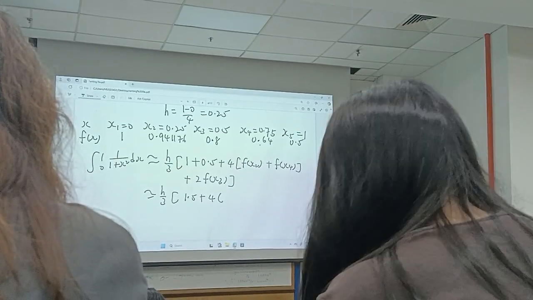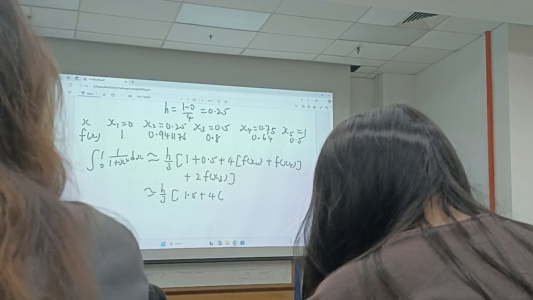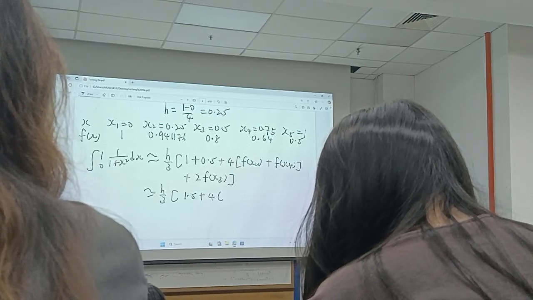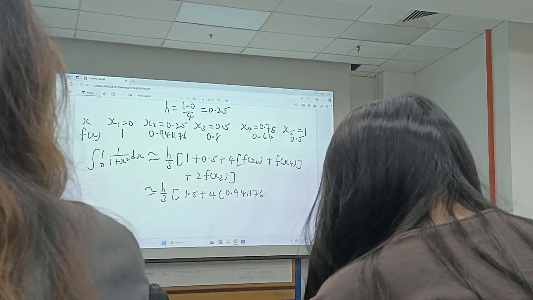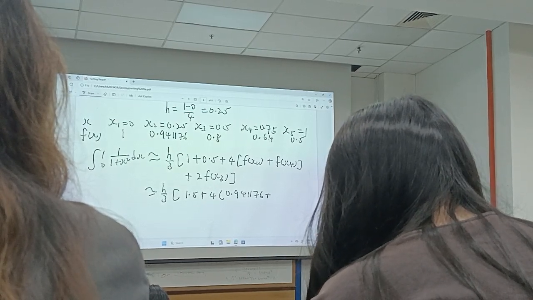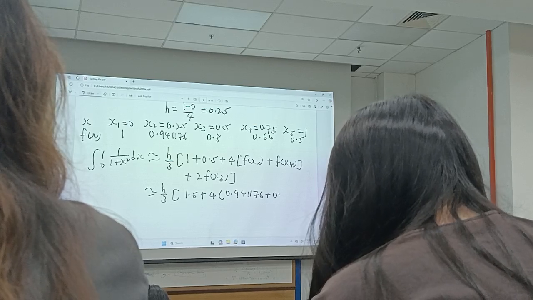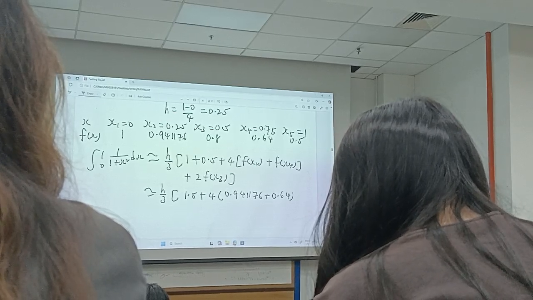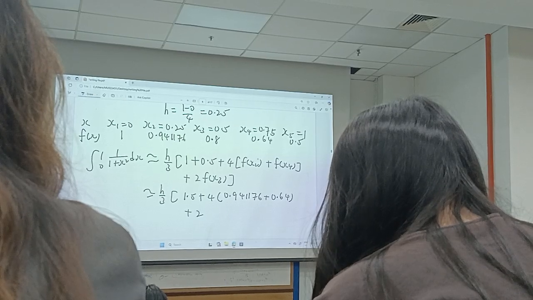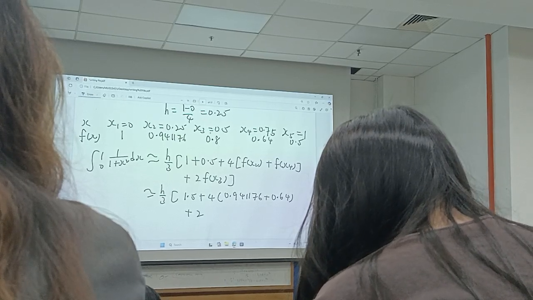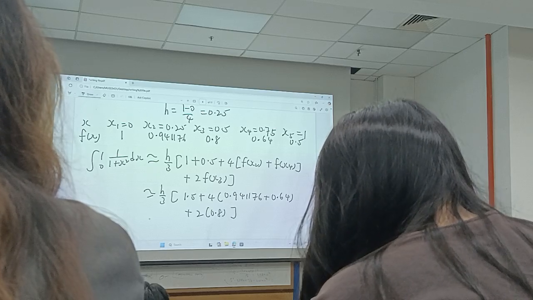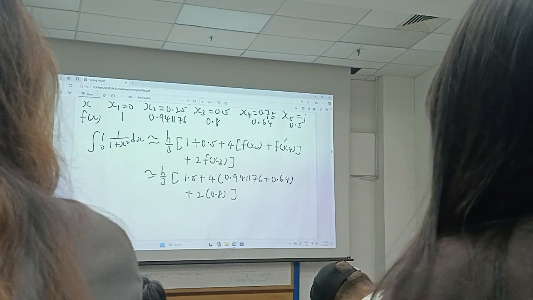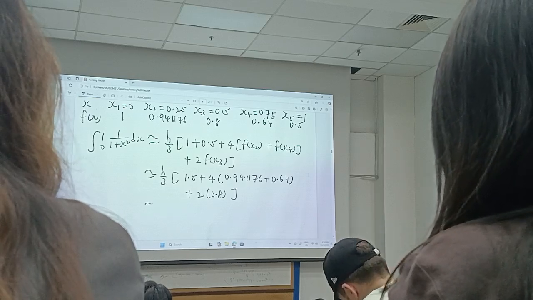So 4 times f(x2) is this value 0.941176. f(x4) is 0.64. f(x3) is 0.8. Okay, so h equal to 0.25.